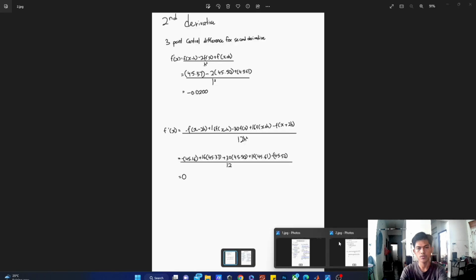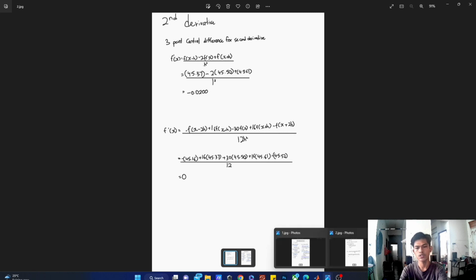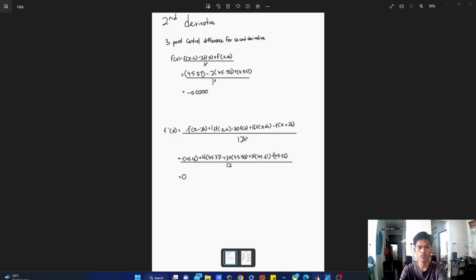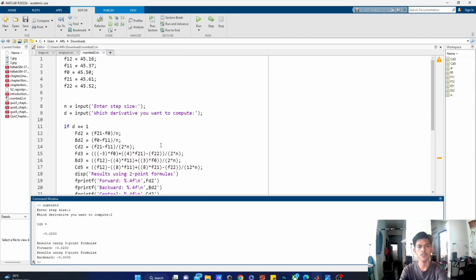For the second derivative manual calculation, the answer is the same as the simulation. The conclusion for this simulation is that we can calculate numerical differentiation in the MATLAB simulation. That's all from me.